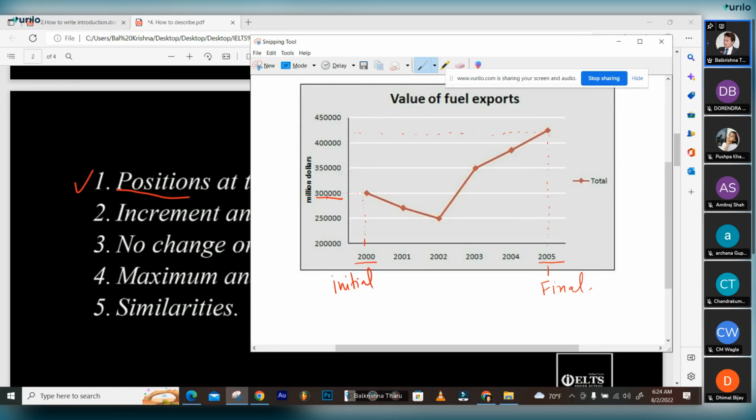Okay, so the position is around how much? Just above 400,000 in 2005, right?